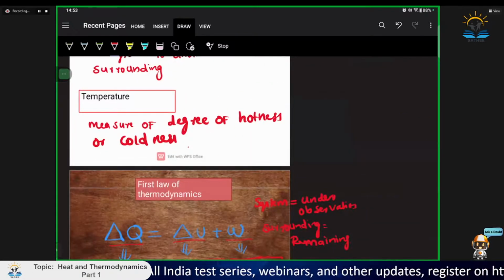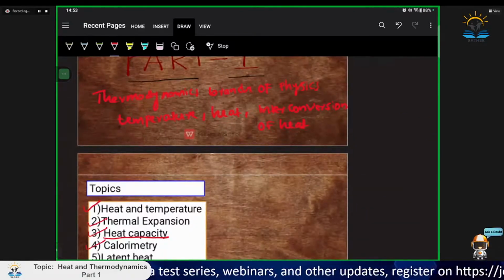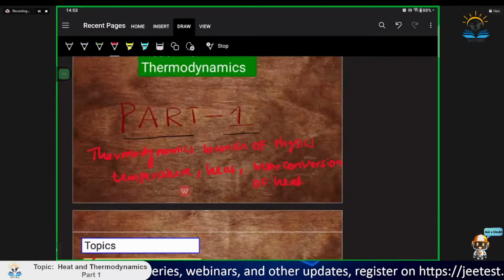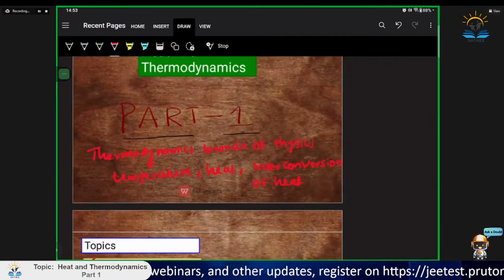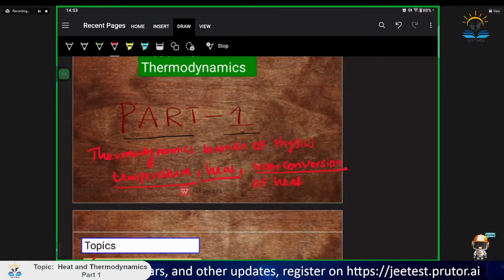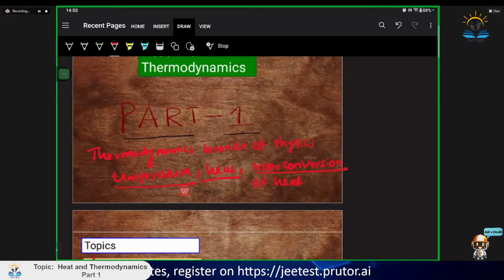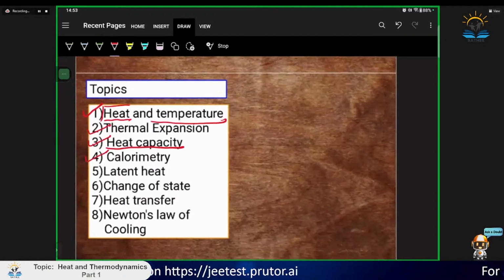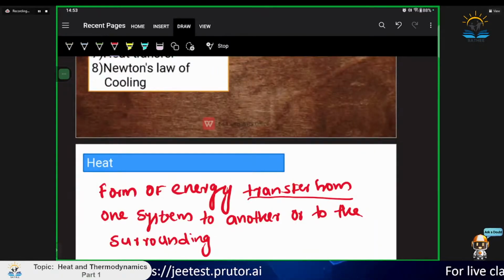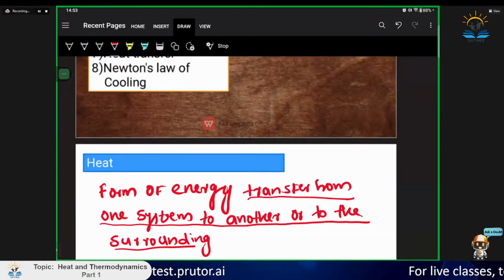Heat is a form of energy which we can transfer from one system to another system or to the surrounding. And temperature is the measure of degree of hotness or coldness. And thermal Q is equal to delta U plus W, and heat given to system is used for changing its internal energy and used to work done.